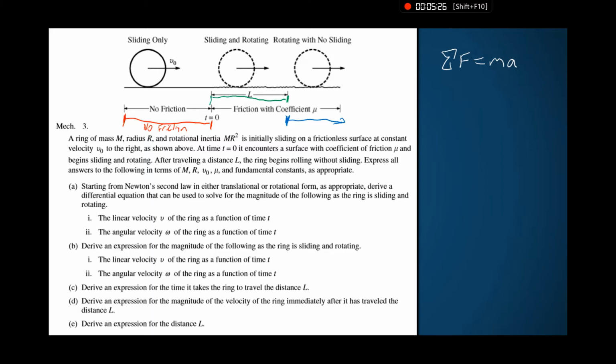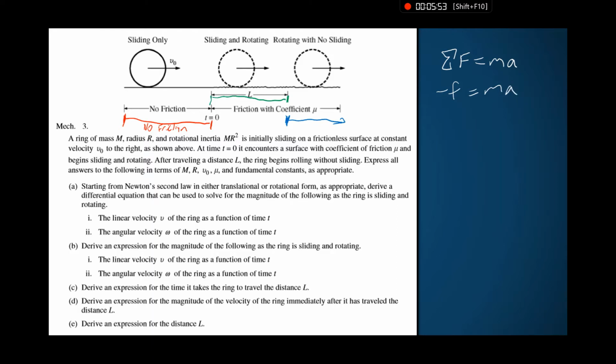Should be something horizontally. Friction. So in the red section, there's no friction, but in the green and blue section, there is friction. So right now, when we're sliding and rotating, we do have friction. Okay, so that means our friction is going to be opposing our motion. So I could say negative F equals ma.